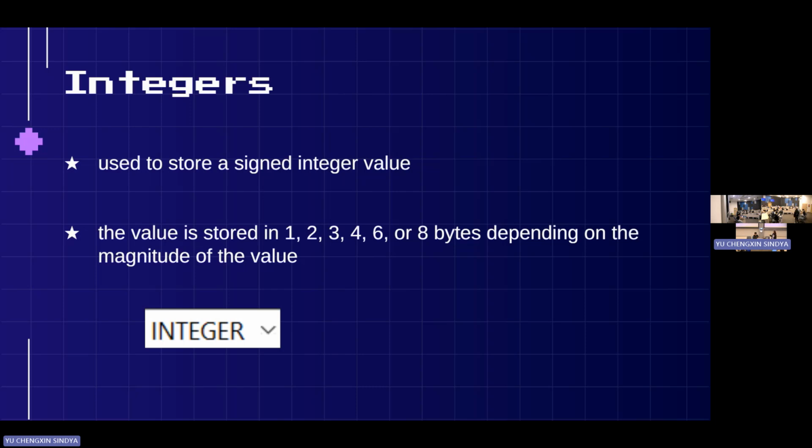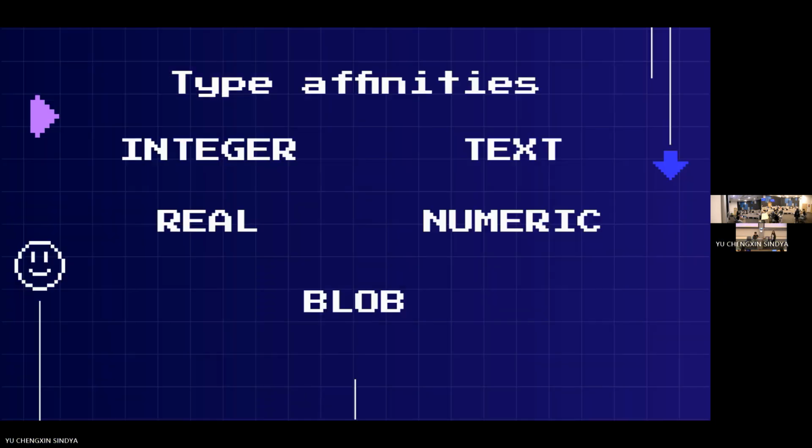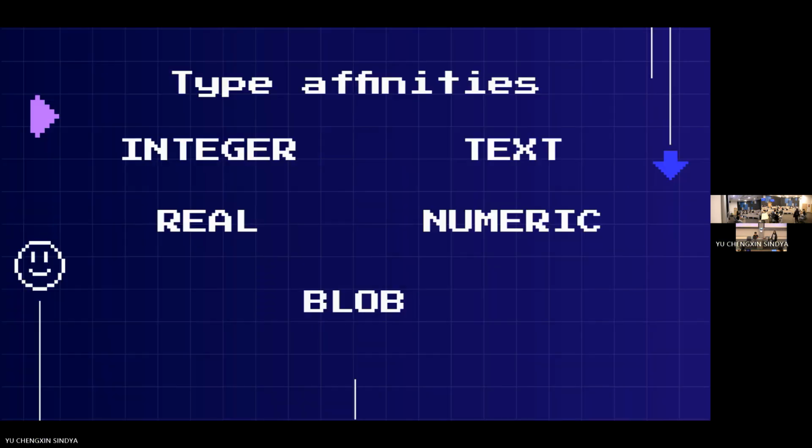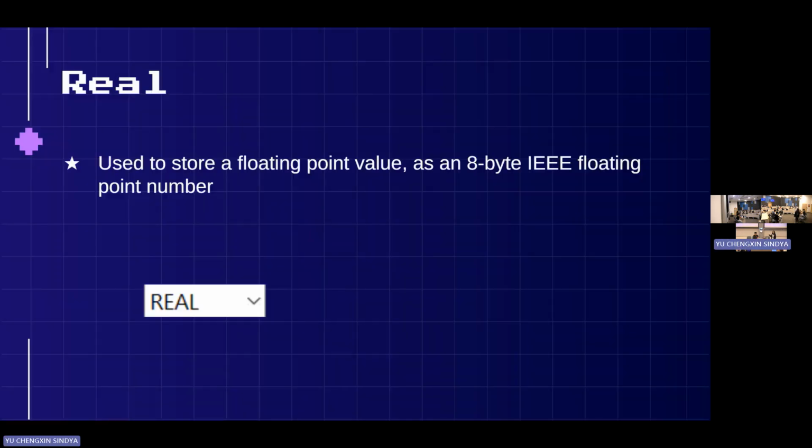It looks something like this in DB Browser. Next, text. This is used to store a text string using the database encoding, which is either UTF-8, UTF-16BE, or UTF-16LE, and it'll look like this. And real is used to store a floating point value as an 8-byte IEEE floating point number. It's just a decimal basically, and it'll look like this.